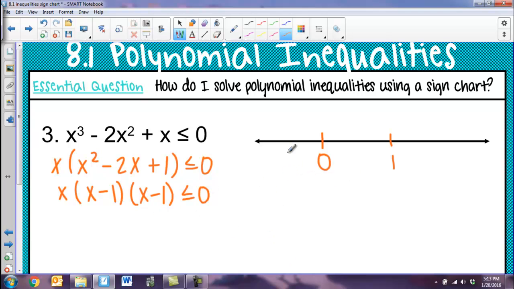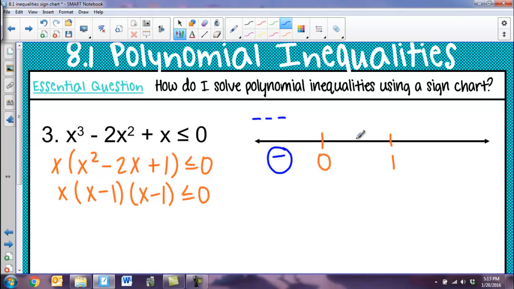Okay? So I'm going to do some numbers in here. If I pick like -1 over on this side, that's going to get me a negative times a negative times a negative. If you have an odd number of negatives, then you know that you would have a negative answer for a product.